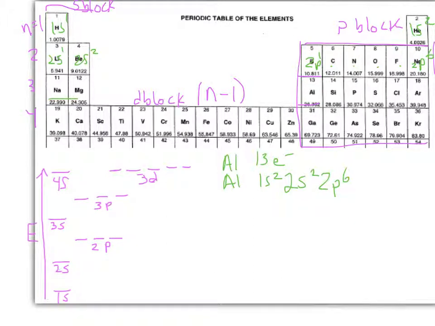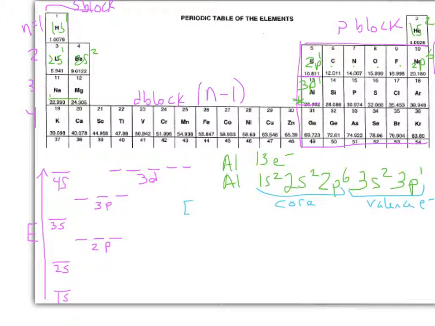So we go back to the S block, and now we have 3s2, so 1, 2, and then here we reach aluminum, and we have 3p1. Just a reminder also, here are the valence electrons, and these are the core, and we can write this out using the noble gas.